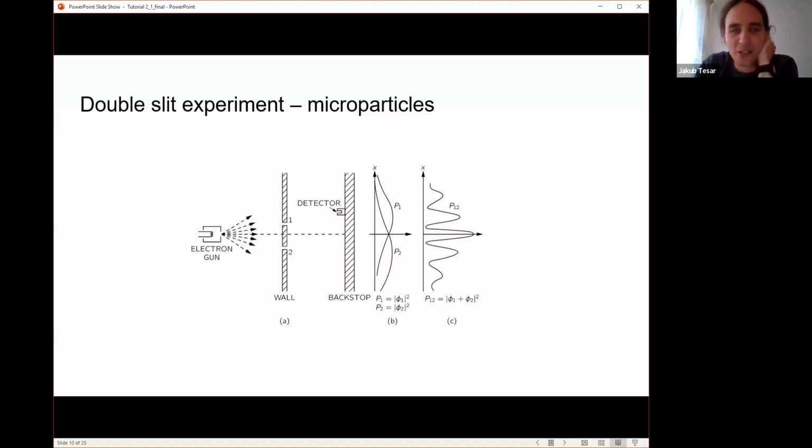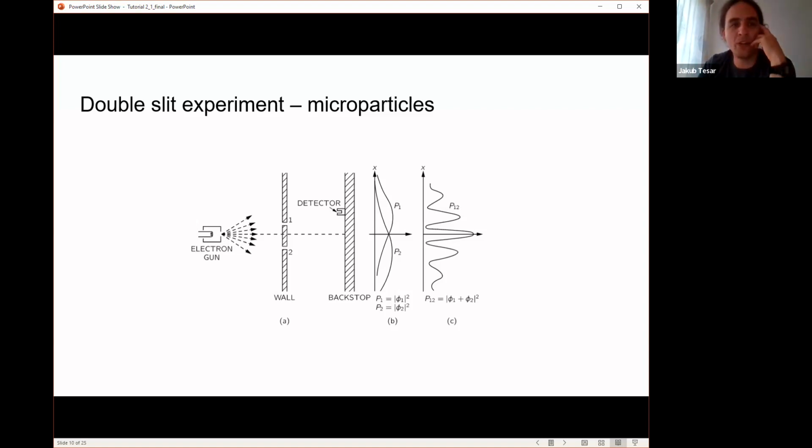Okay, so if we are seeing some features of wave-like behavior when we are sending the particles, we may do two things, and they actually did it, and we have quite interesting results. First of them, we can limit the intensity, the rate at which the electrons are actually emitted.